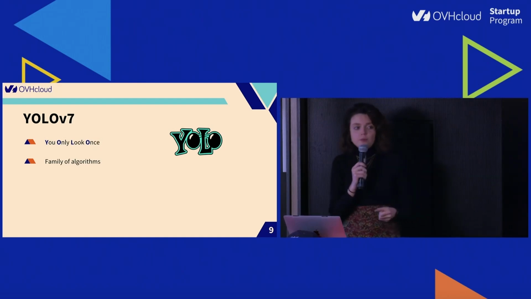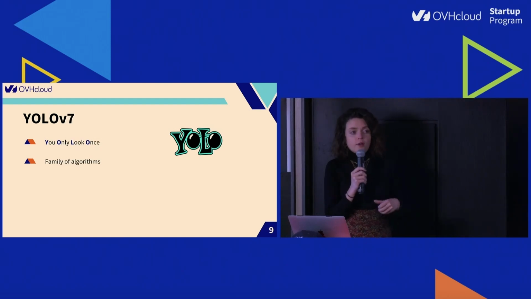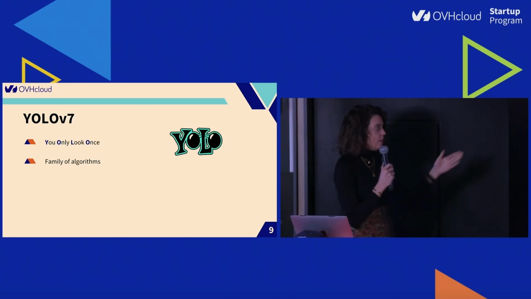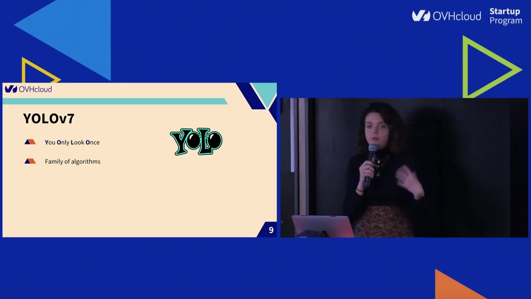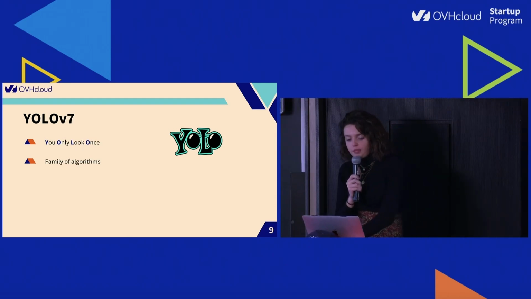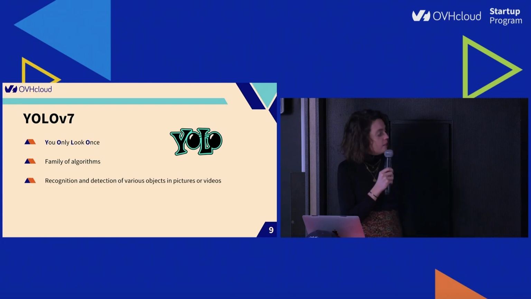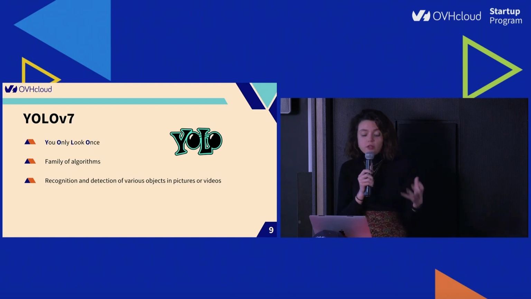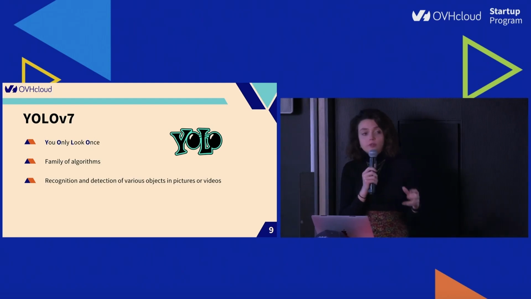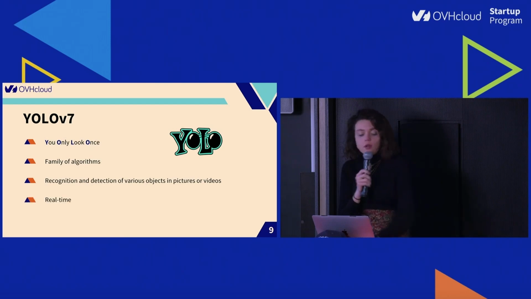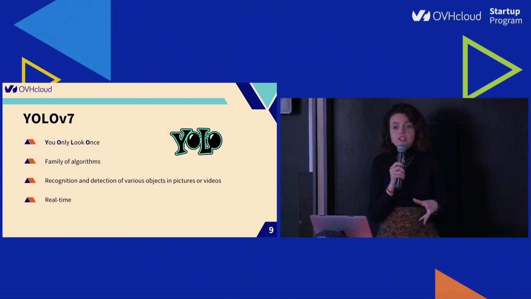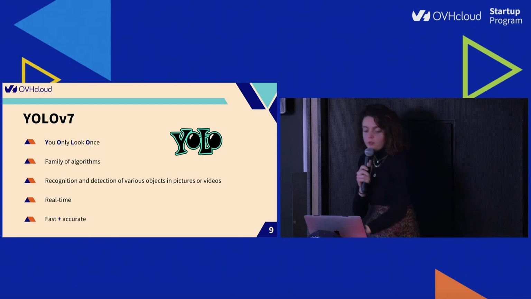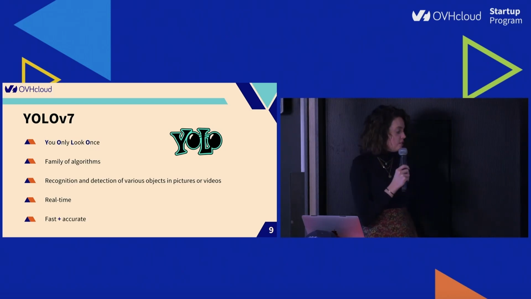It's not the last one. A few days ago, we saw that there is now YOLOv8. So today we will use this algorithm, but we can totally do it with the latest one. This model is made to recognize and detect various objects on photos or on videos, and you can do detection in real time. Why use this model? Because it's really fast and accurate.